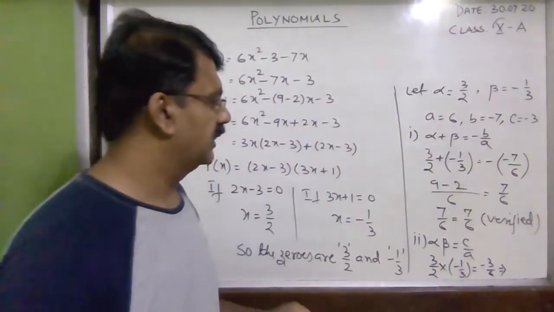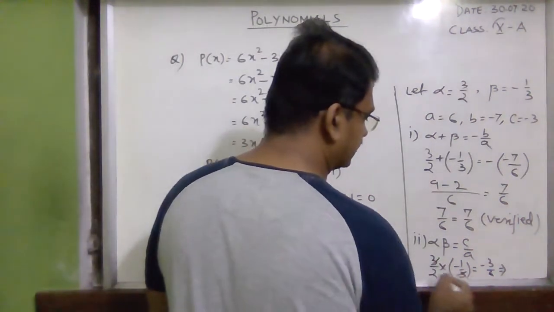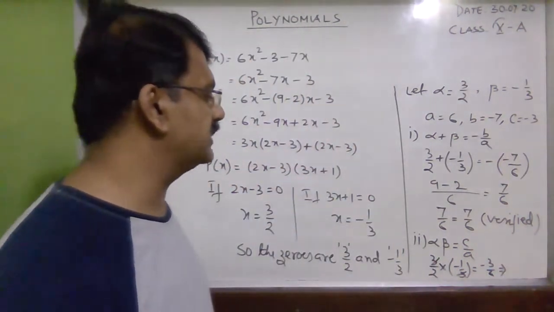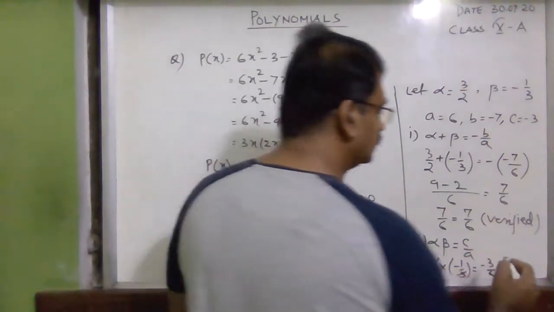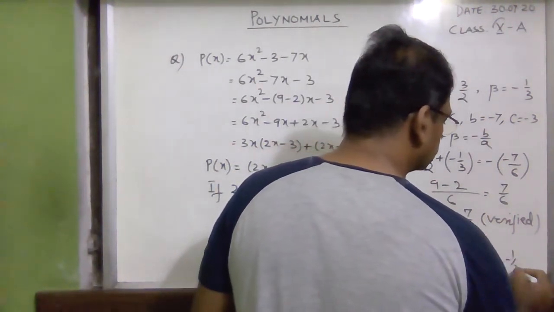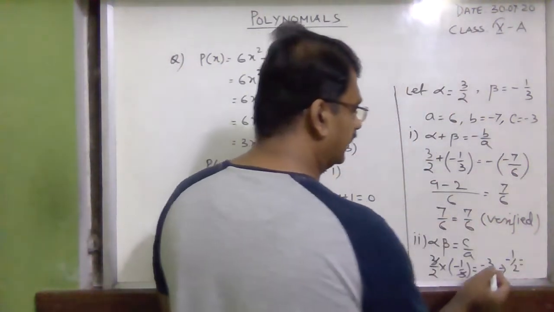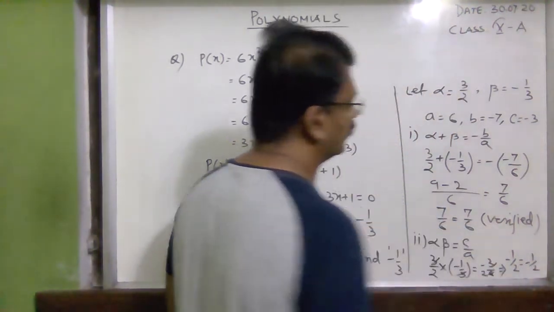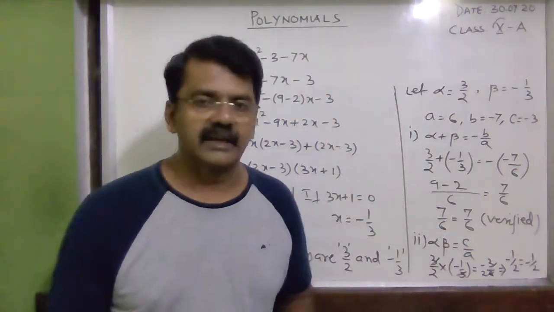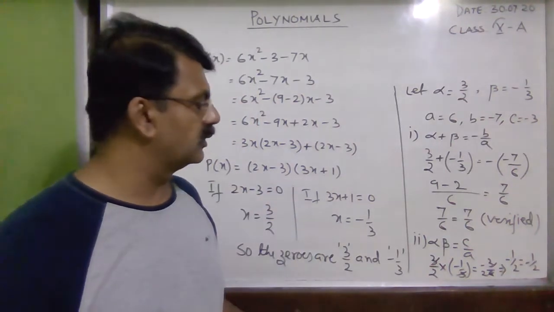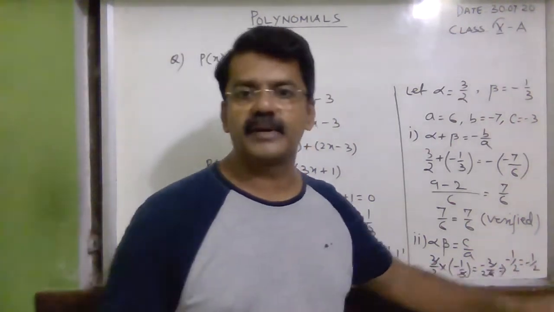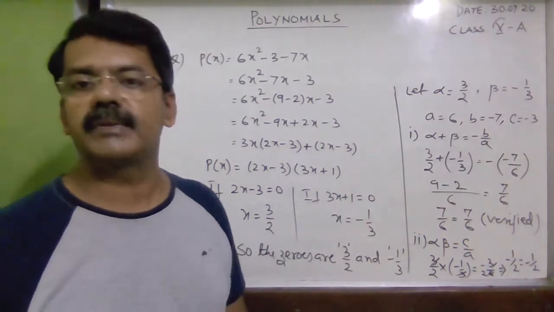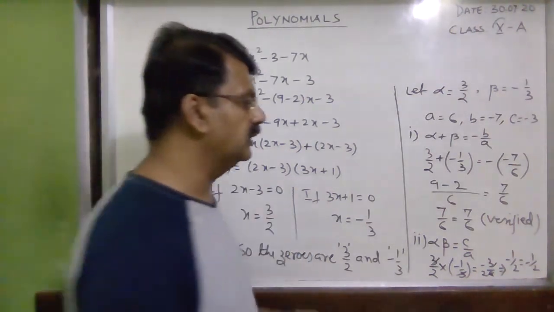Now see, if we cancel this 3 and this 3, then on the left hand side we will have minus 1 upon 2, and on the right hand side 3 to the 6. So on the right hand side also we have minus 1 upon 2. So once again you can see the second relation is also verified, because on the left hand side and right hand side we are getting the same number, that is minus 1 upon 2.